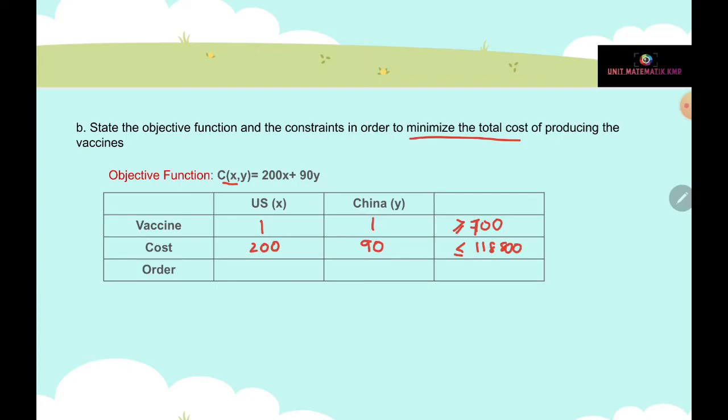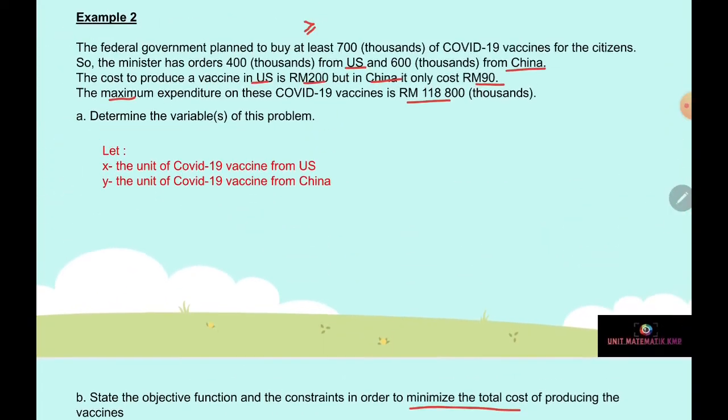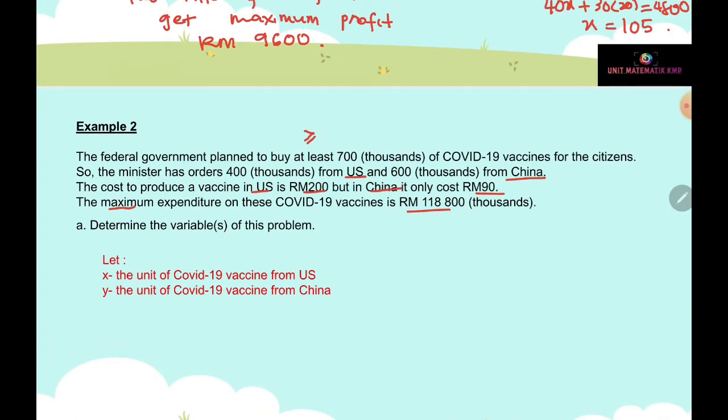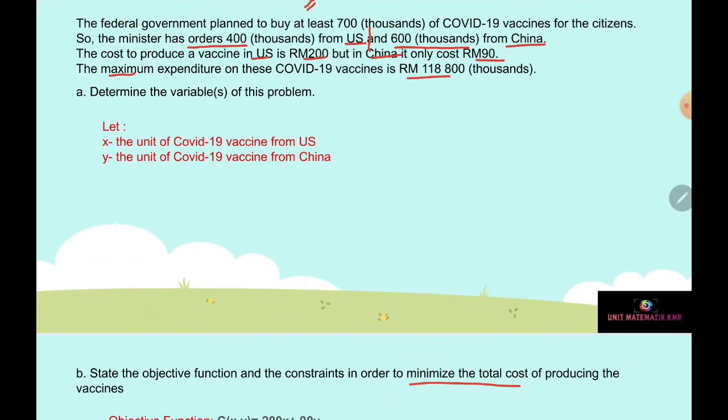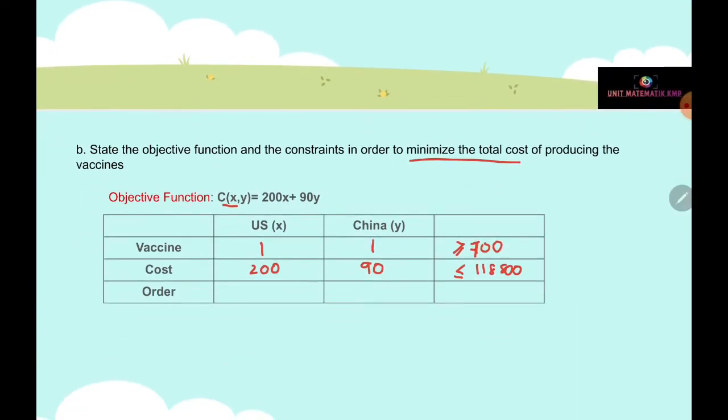And then the last one: the minister has ordered 400,000 from the US and 600,000 from China. So this is one inequality, and another one for China. We get another two inequalities for each of x and y.